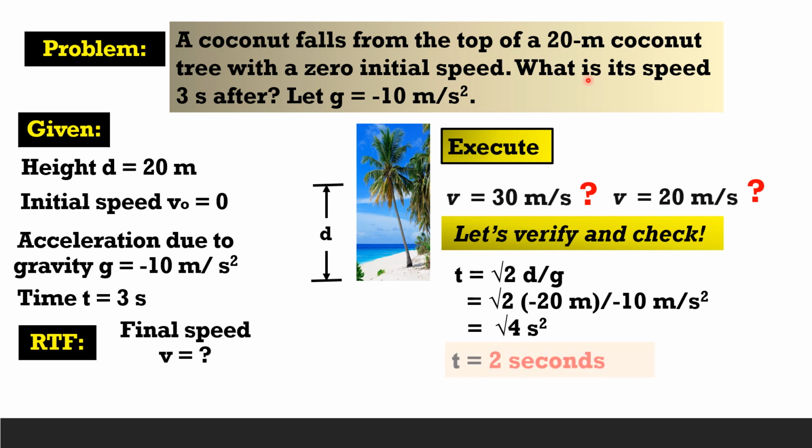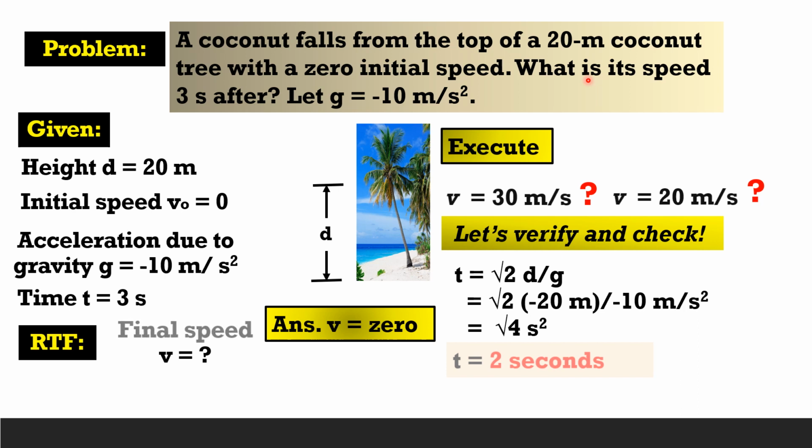In other words, its final speed should be equal to zero and not 30 meters per second or 20 meters per second.